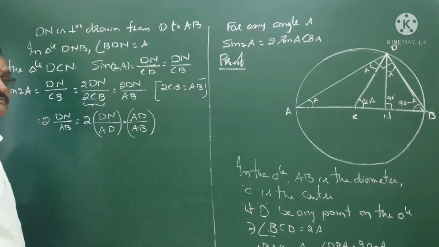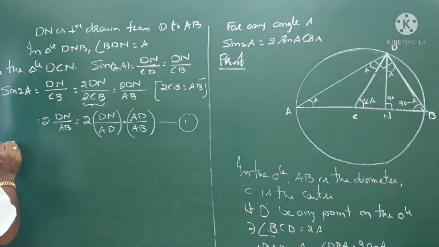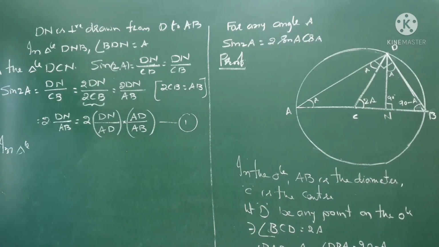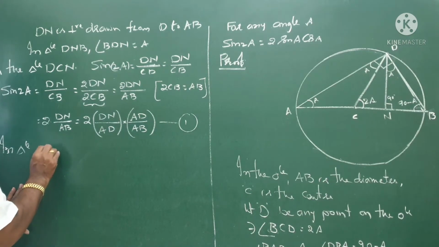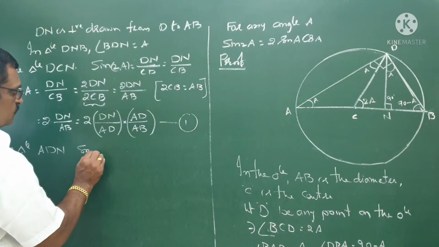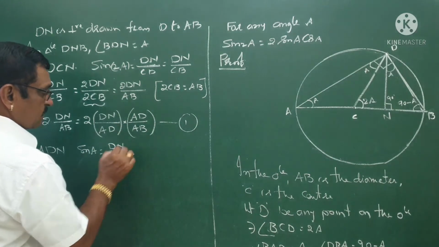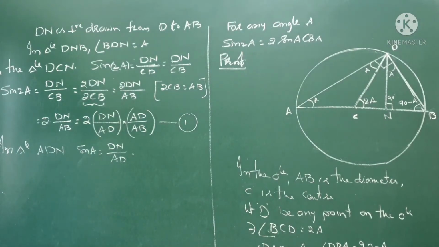Call this number 1. In triangle ADN, sin A is equal to DN by AD.